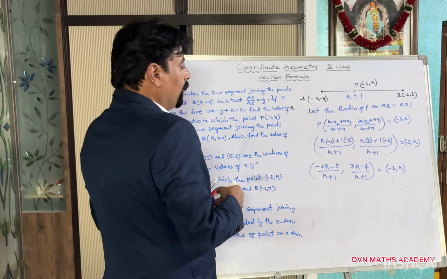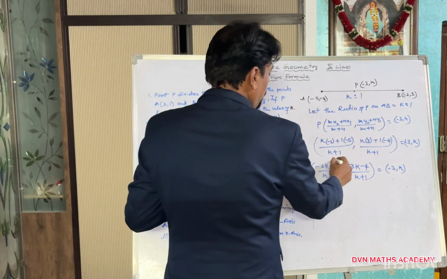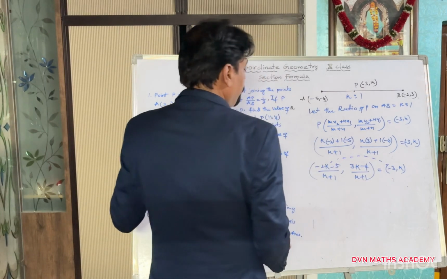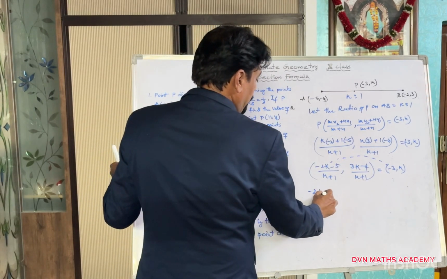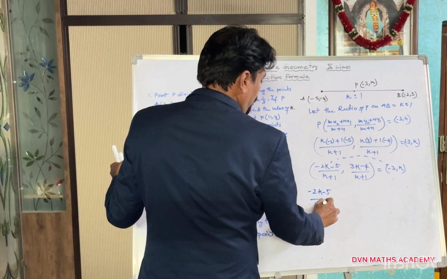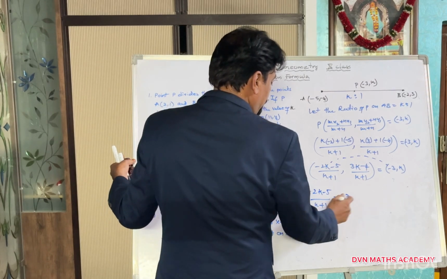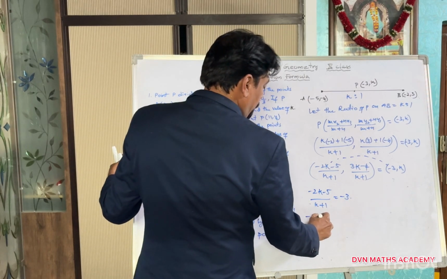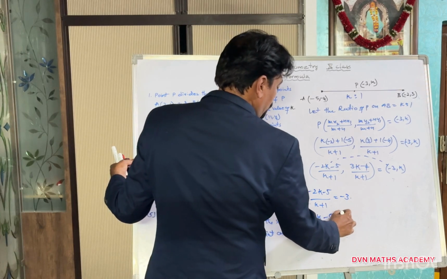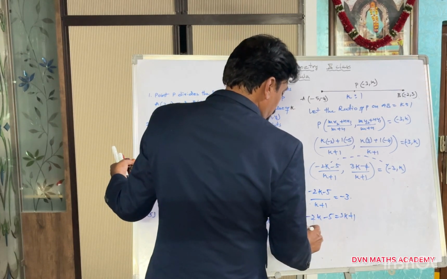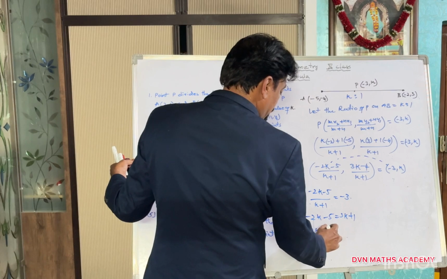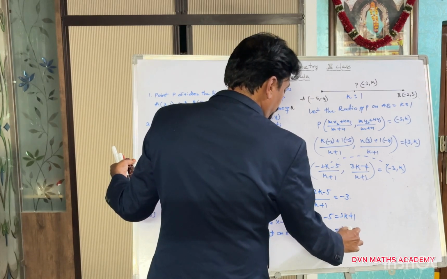Compare the x coordinates: (-2k minus 5) by (k plus 1) is equal to -3. Cross multiplying, -2k minus 5 is equal to -3k minus 3. So -2k plus 3k is equal to -3 plus 5.